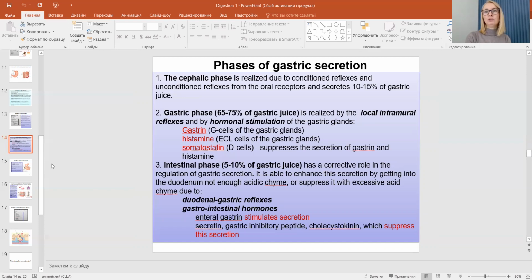Distension of the stomach wall results in the stimulation of mechanoreceptors. Action potentials generated by these receptors initiate reflexes that involve both the CNS and ENS. These reflexes result in acetylcholine release and the cascade of events seen in the cephalic phase.